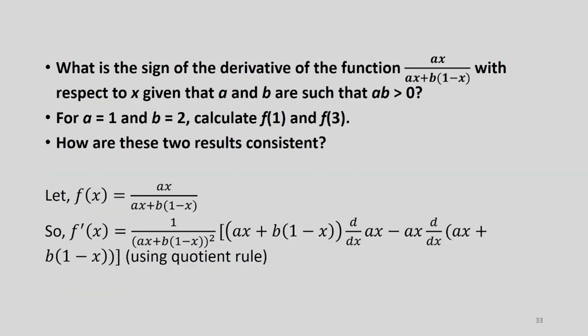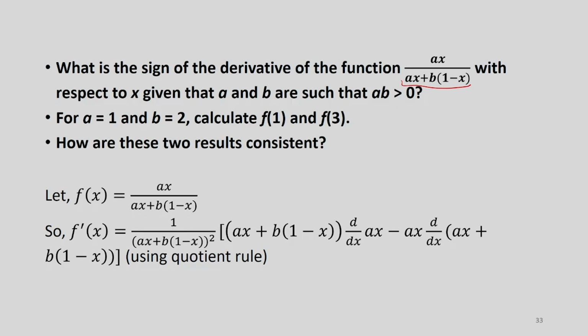Okay, here is another problem from differentiation. What is the sign of the derivative of the function, this function ax divided by ax plus b of 1 minus x with respect to x, given that a and b are such that a multiplied by b is greater than 0.